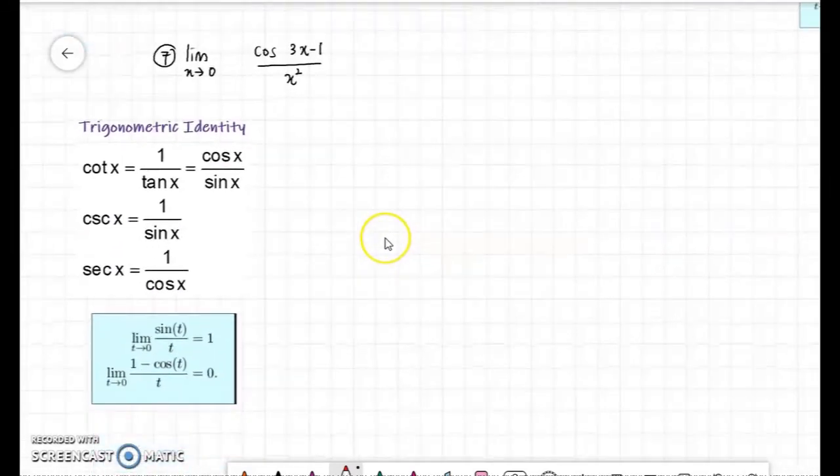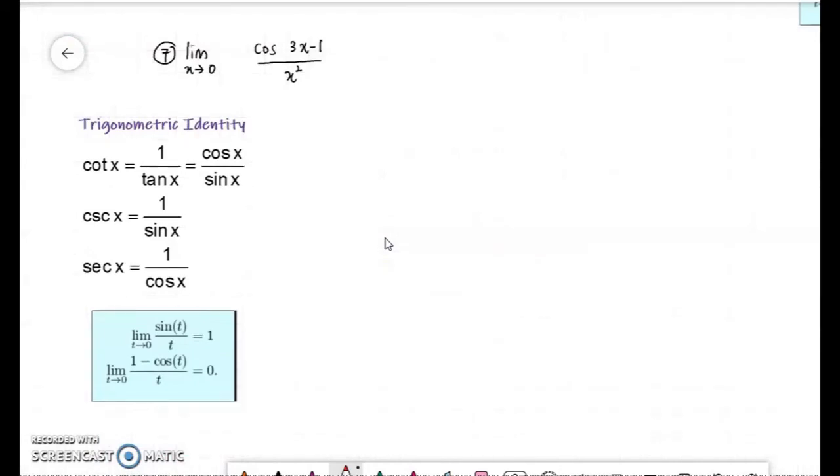For this example, the limit as x approaches 0 of cosine 3x minus 1 over x squared. If you want to use this identity, it is not valid because you don't have any reciprocal here.